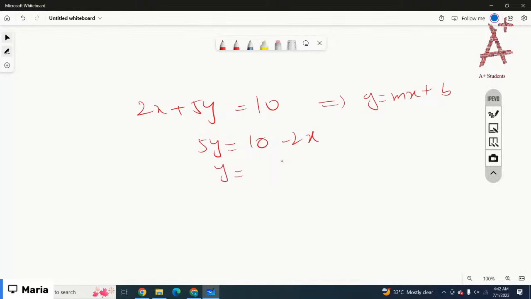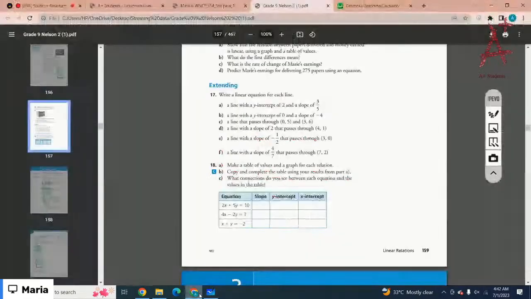Divide both sides by 5. y equals 10 over 5 minus 2 over 5 x. So you can rewrite it as y equals negative 2 over 5 x plus 2. So this is the slope and this is the b. Negative 2 over 5 is the slope. For the x-intercept and y-intercept, you have to put y equals 0 and x equals 0 in the equation.